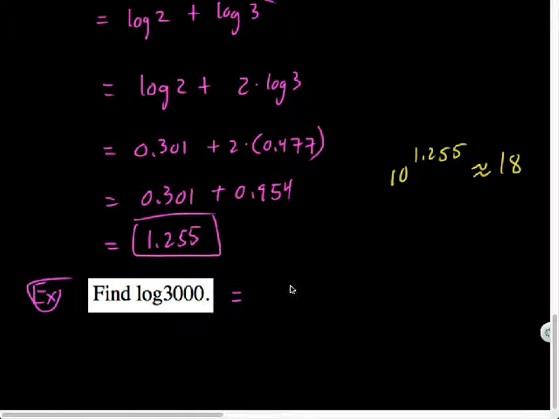So that's the same as log of 3 times what? 1,000. Now, we didn't know log of 1,000 off the get-go. However, the log of a product is equal to the sum of two logs, right? So that's log of 3 plus log of 1,000.